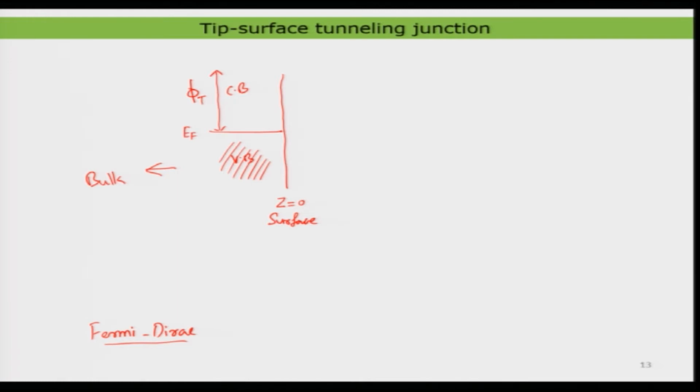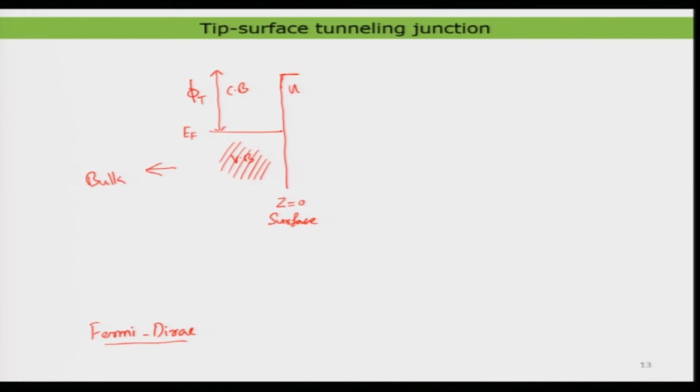Because of this work function, you know that at room temperature you cannot get electrons simply out of the surface, and that work function itself acts as a barrier. You see, this is some kind of a potential U that is defined. That is the height from the Fermi level to the vacuum level.